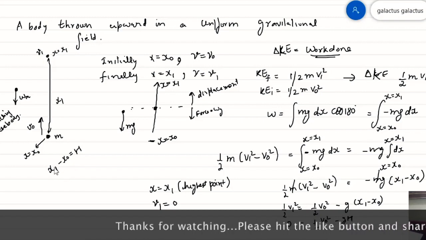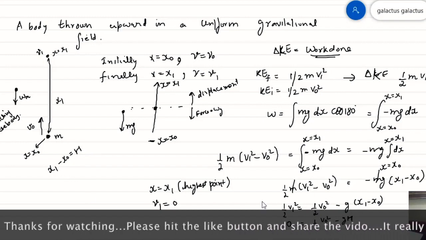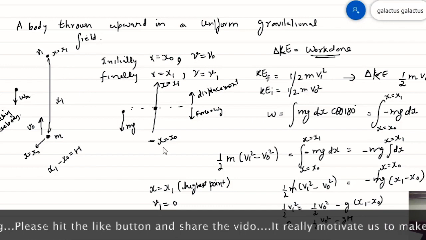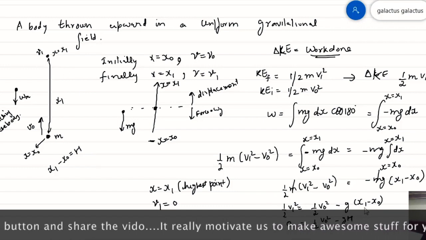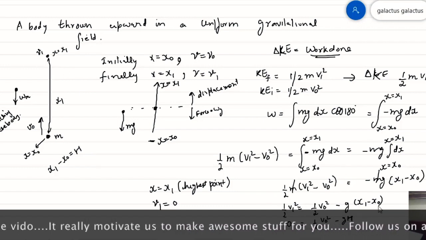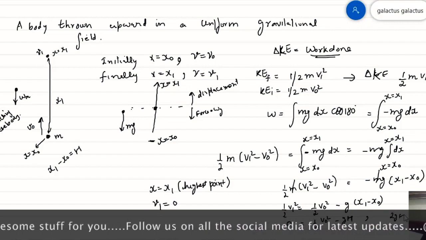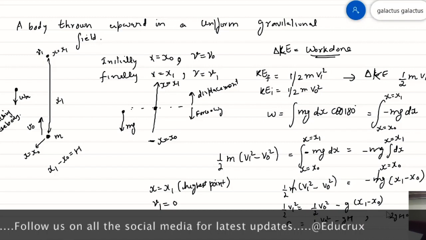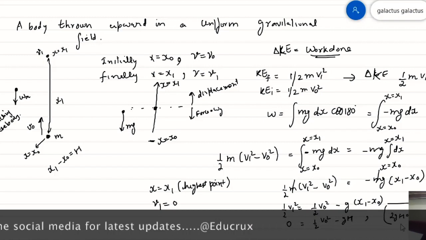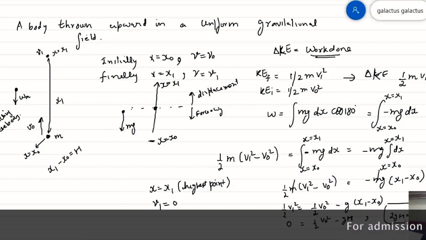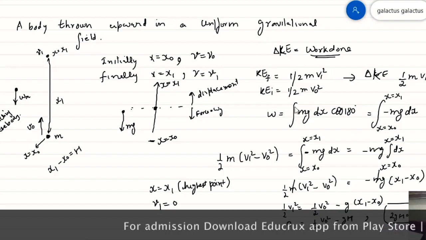So if my highest point is in the upward direction, I can write 2gh is equal to v naught square. So this is my expression for the velocity that I will have when the body is moving in the upward direction in the uniform gravitational field.